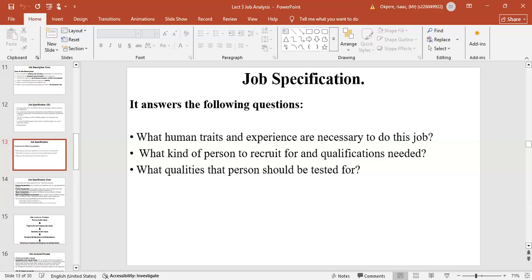One, they answer the question of what are the experiences needed to perform a job.